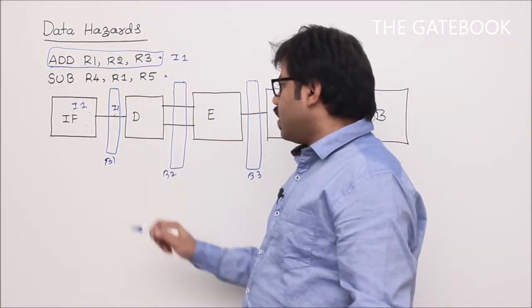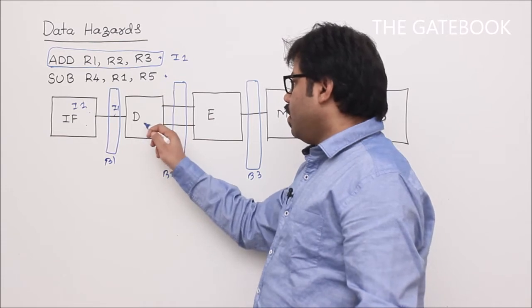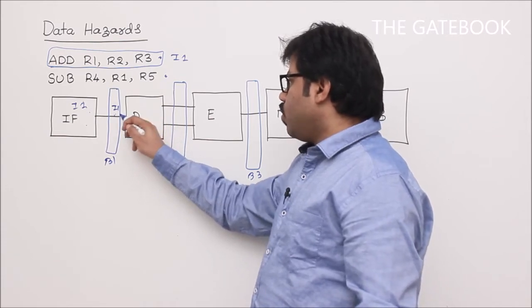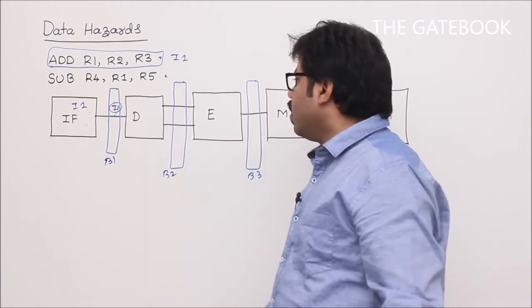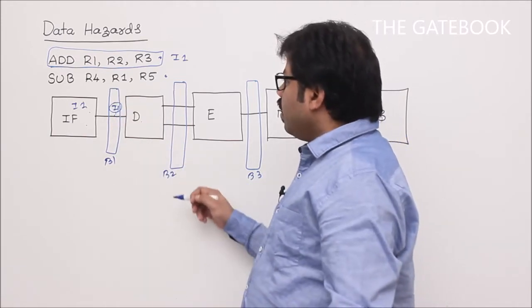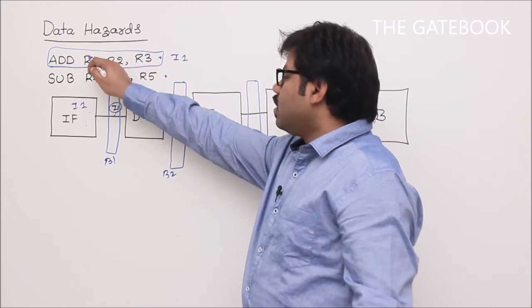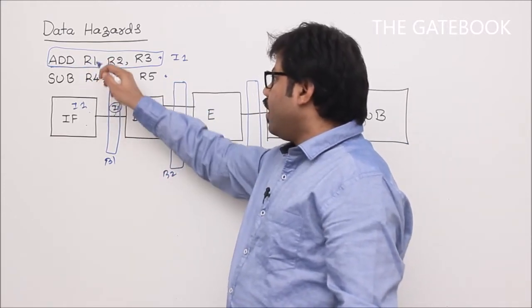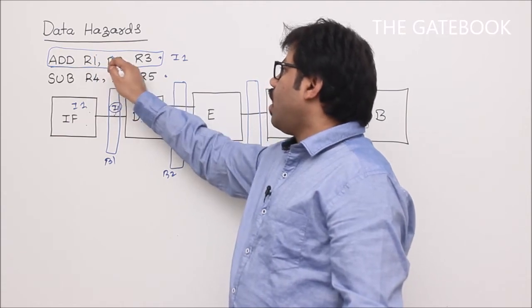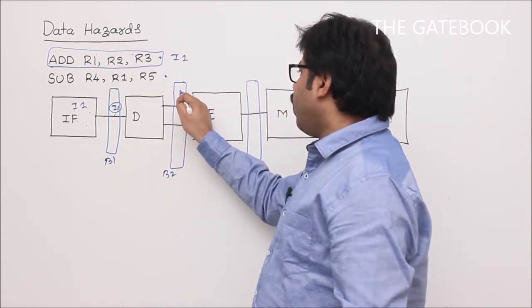In the second clock cycle, what is going to happen? This decoder is going to generate control signals based on this input I1. At the same time, these registers also will be read, correct? So what are the registers we have to read here? We have to read R1, R2, R3. That means the content of R2 will be read.